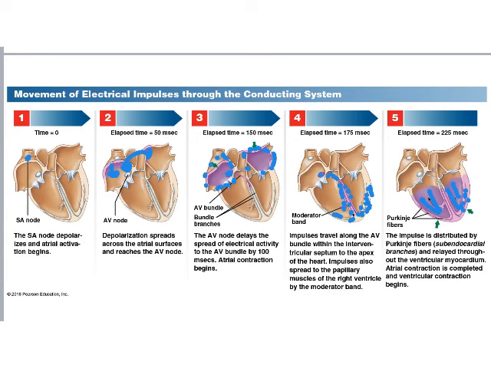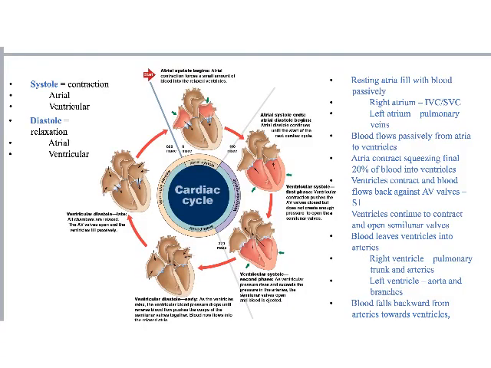And that becomes important, we'll see in physiology, because it allows contraction to begin at the apex of the heart. And that allows the blood then to be squeezed superiorly so that it can go out the aortic and the pulmonary valves. So if we put it all together, we get what we call the cardiac cycle.